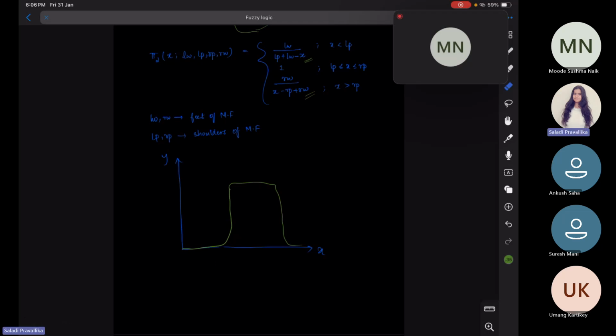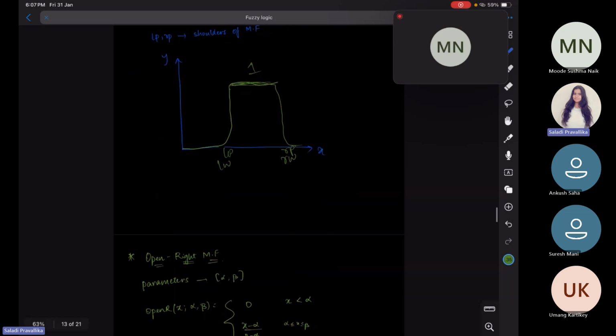This is LW, and this is in between. In between your LE and RE, the values are always 1. And for the rest, you need to calculate using the other two functions.